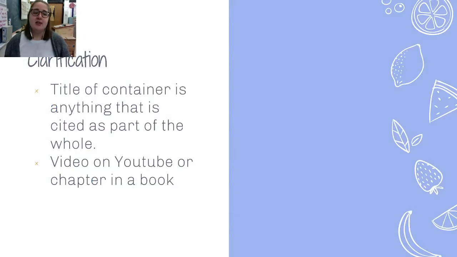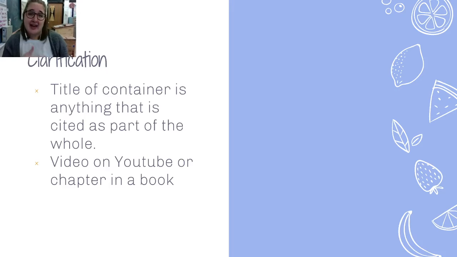The title of the container is anything that a small piece of something would be inside of. If you were trying to cite a song, the container is the entire album, because the whole album contains that song. If you're looking at a website, you typically wouldn't cite all of Wikipedia.